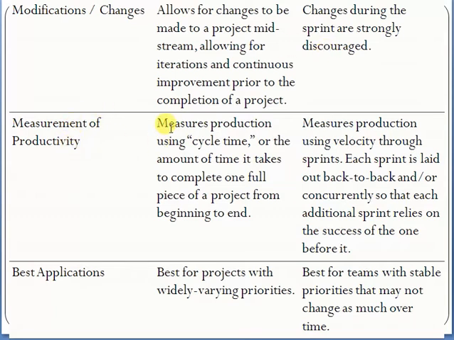Measurement of productivity. Kanban measures production using the cycle time, or the amount of time it takes to complete one full piece of a project from beginning to end. So there is a concept of cycle time to measure productivity in Kanban. However, Scrum measures production using the velocity. Sprint velocity is a concept where each sprint is laid out back to back, so that each additional sprint relies on the success of the one before it.